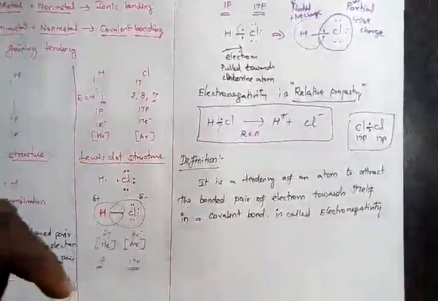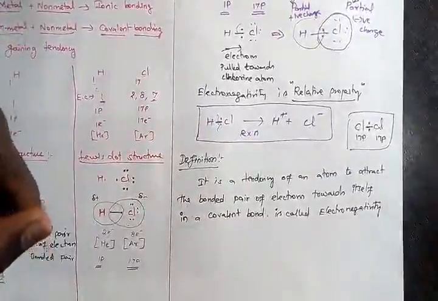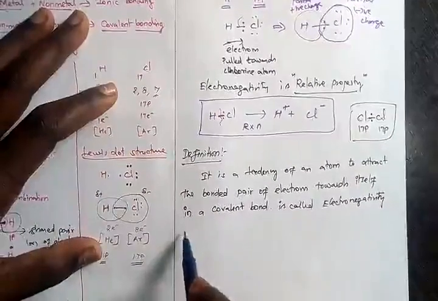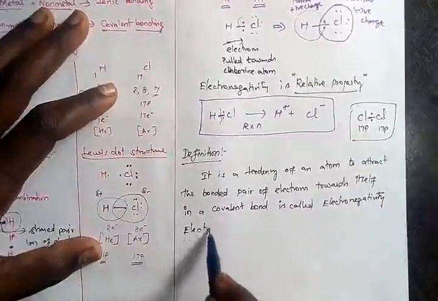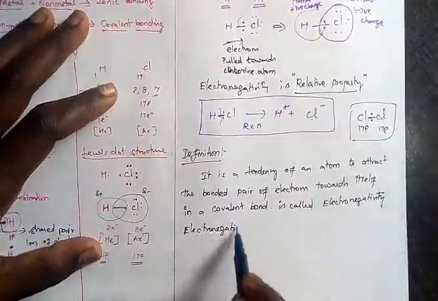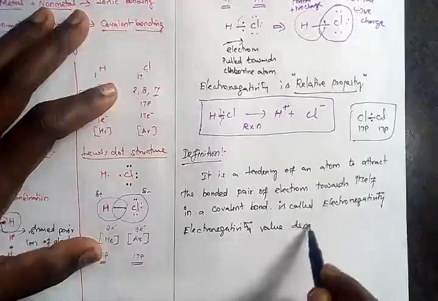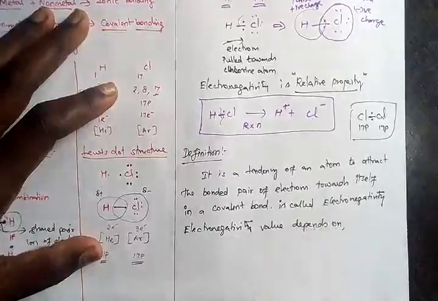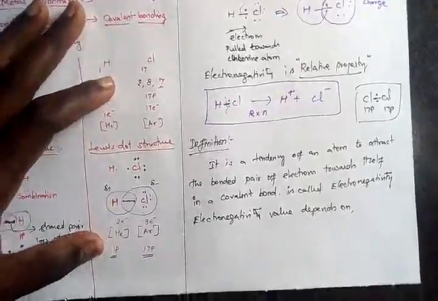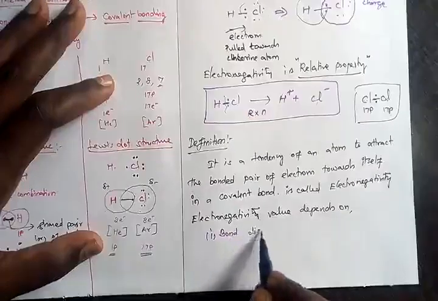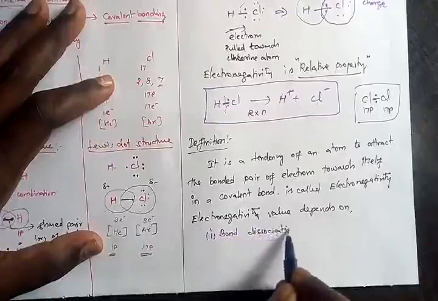Okay then. Next, what else do we have to understand? This electronegativity value depends on many factors. The first factor is bond dissociation energy.